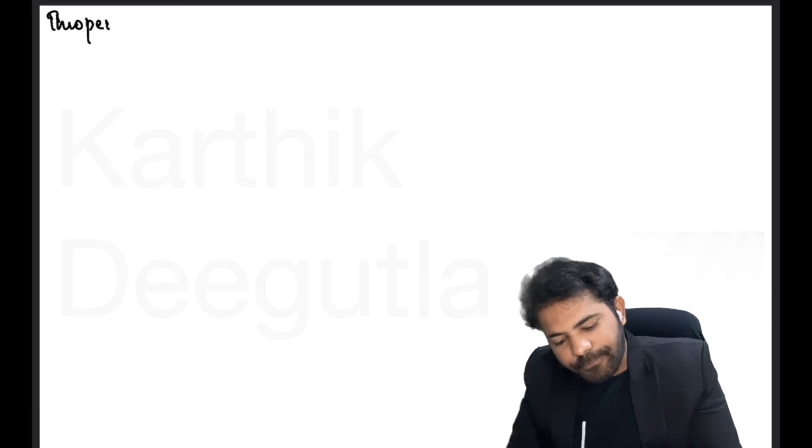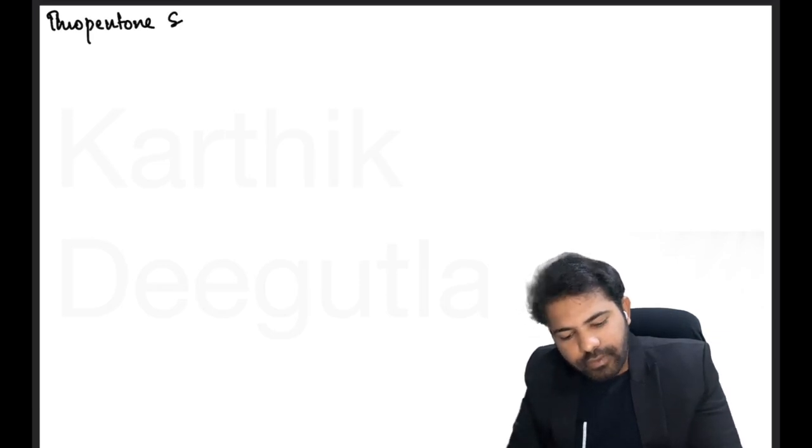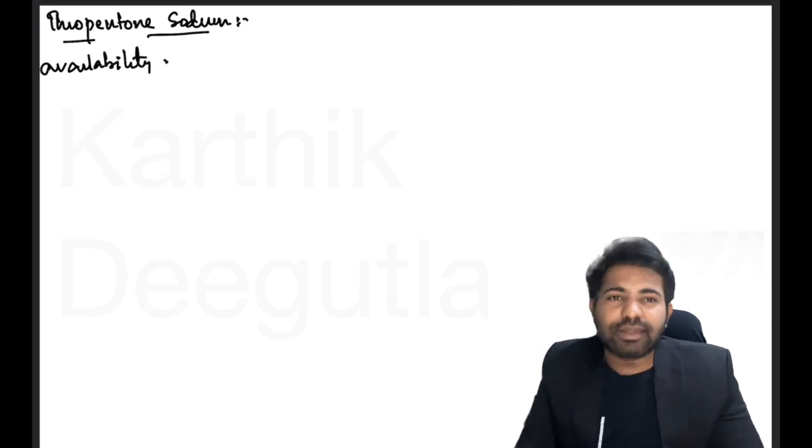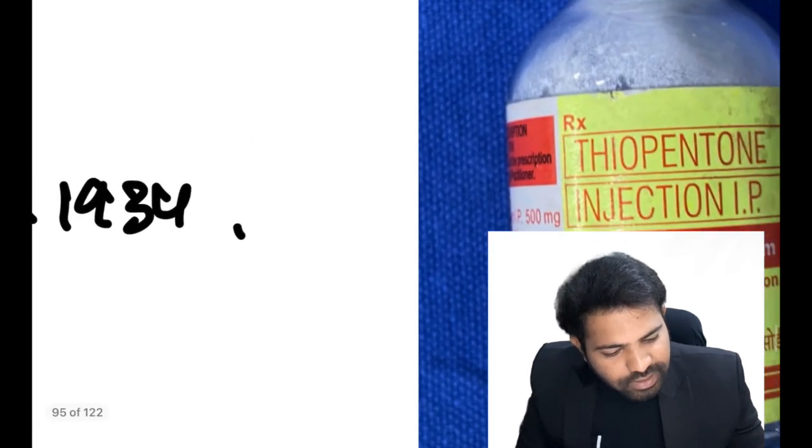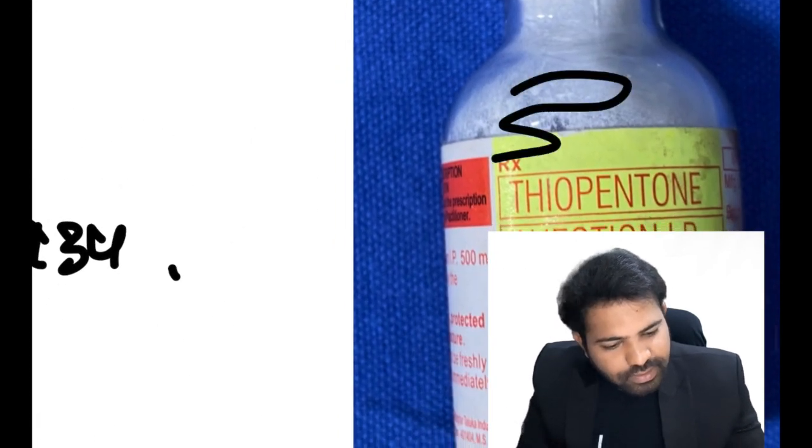So let us know more about thiopentone sodium. Availability: thiopentone is available as a pale yellow powder. You can see in this picture, this is not a liquid. This is a pale yellow powder.